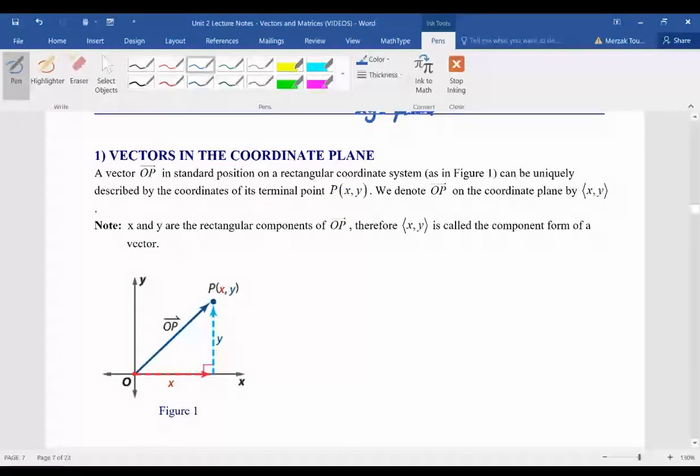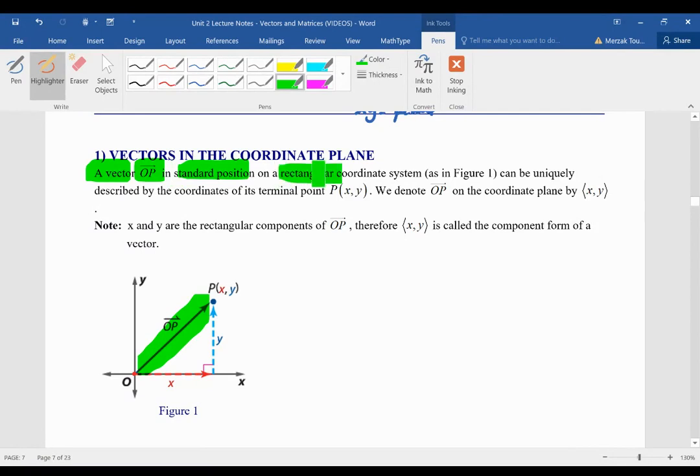So let's go over the formal definition. A vector OP, in standard position on a rectangular coordinate system, can be uniquely described by the coordinates of its terminal point P, x comma y.